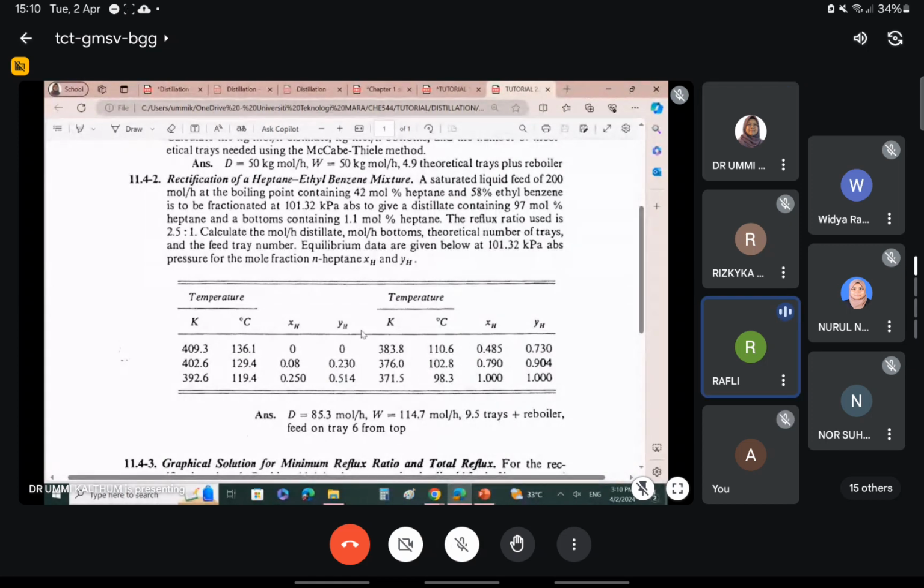Heptane is component A, ethyl benzene is component B. We see the distillate contains 97 mole percent of heptane, so confirm heptane is component A, because it comes out more in the overhead product. So heptane is component A.